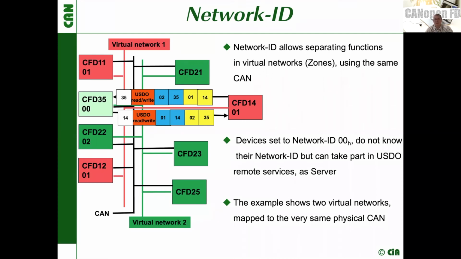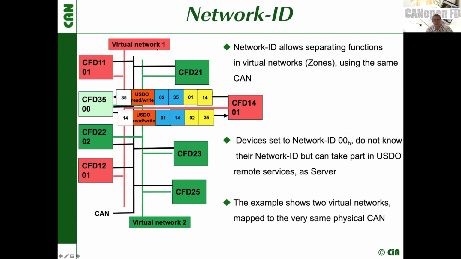We can use our network ID also as a so-called virtual network ID. If I have one CAN network where several devices are applied, the black line would be the physical CAN network, and I could map via the network ID several virtual networks to this very same physical network.